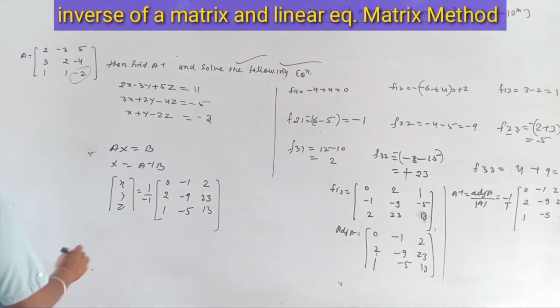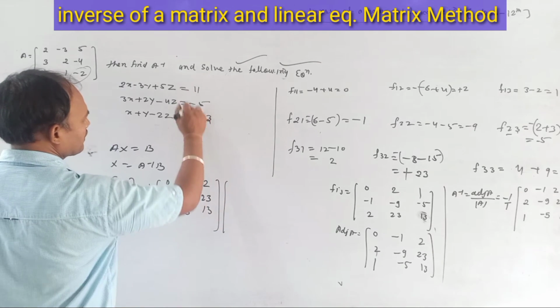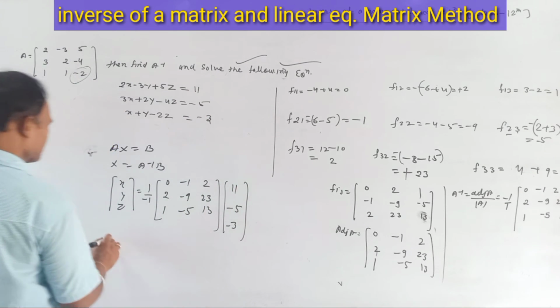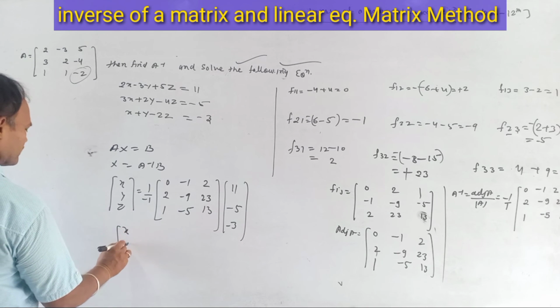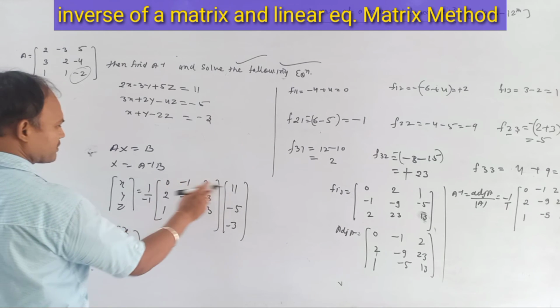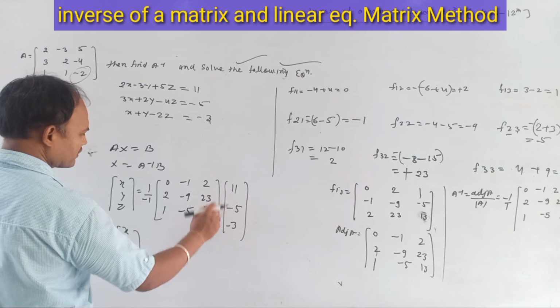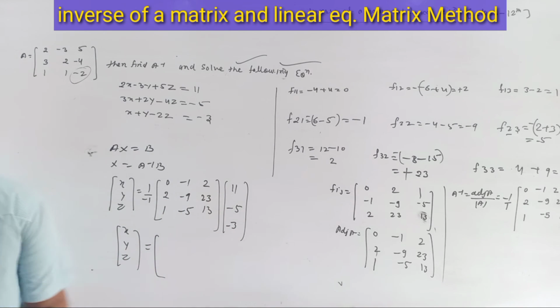The value of B from here is 11, minus 5, and minus 3. So just do the multiplication.